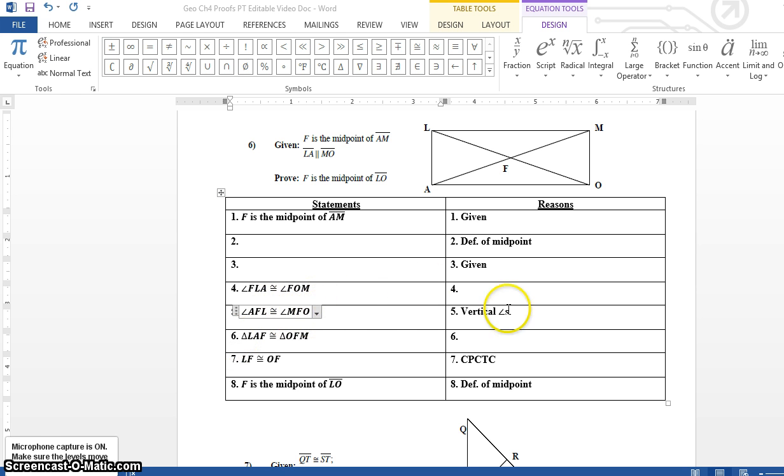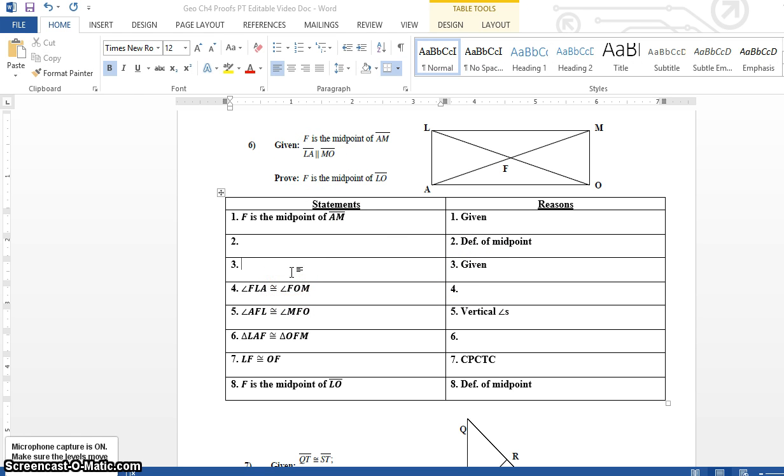So we have that filled in. Angle 4 has something going on, and I bet it has something to do with this given. So let's look at what that given might be. We know that LA is parallel to segment MO. So with parallel sides, what can we do if we have a transversal?